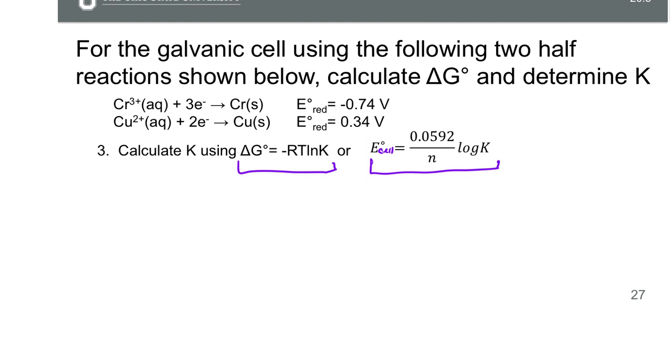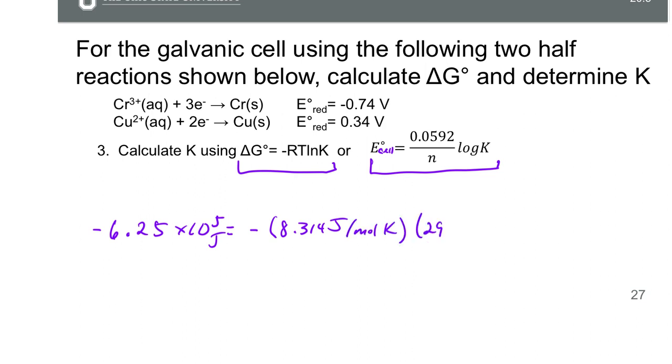If we use delta G equals minus RT natural log of K, we take our value from the previous slide, minus 6.25 times 10 to the 5th joules, equals minus R, which is 8.314 joules per mole Kelvin, times the temperature, 298 K, and then natural log of K.